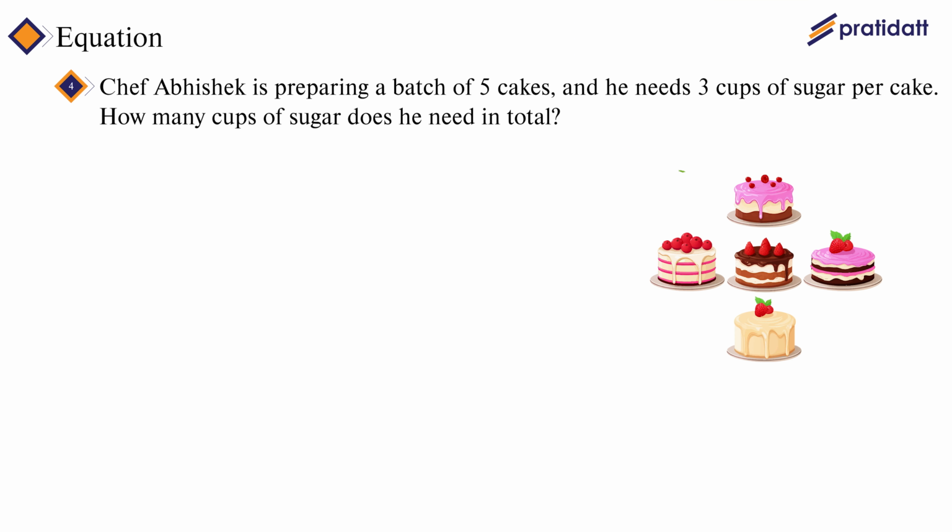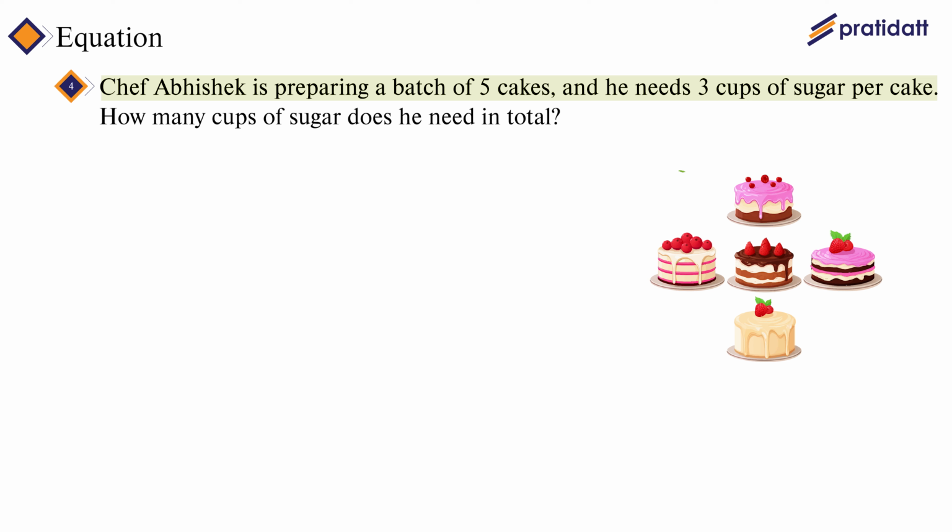Next example for cooking and recipes. Chef Abhishek is preparing a batch of 5 cakes and he needs 3 cups of sugar per cake. How many cups of sugar does he need in total? Chef Abhishek is preparing a batch of 5 cakes.